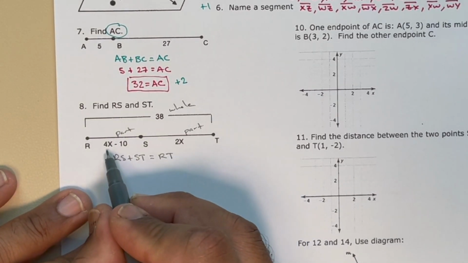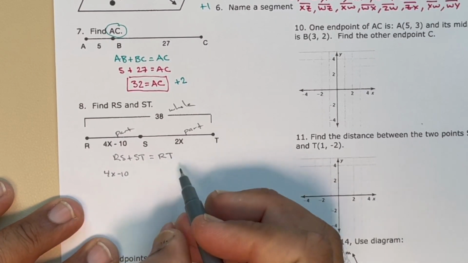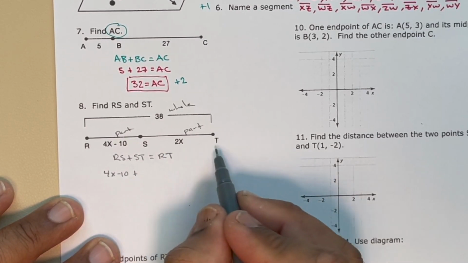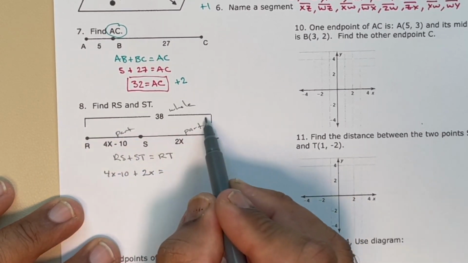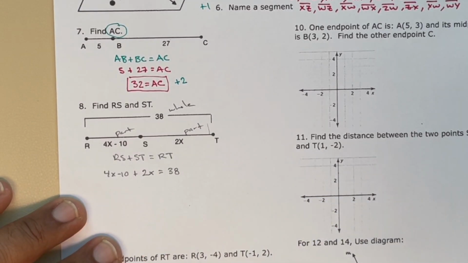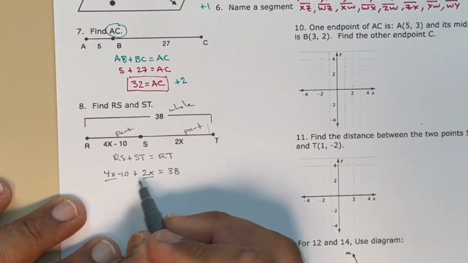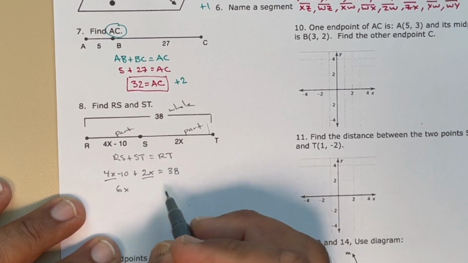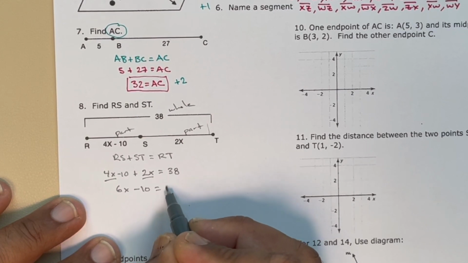And so I've got RS is 4x minus 10 plus ST is 2x. That equals the whole thing, RT, which is 38. I'm going to combine like terms. So 4x plus 2x is 6x. I've still got that minus 10 equals 38.